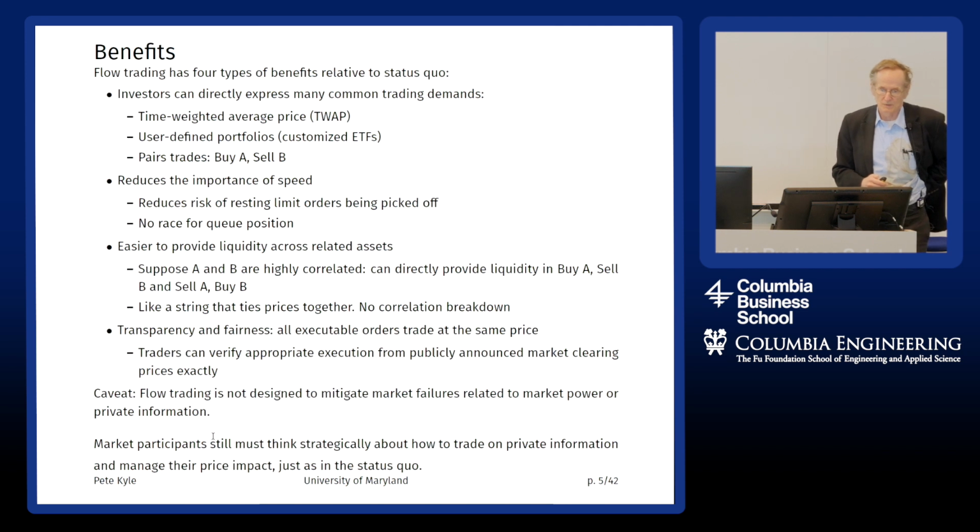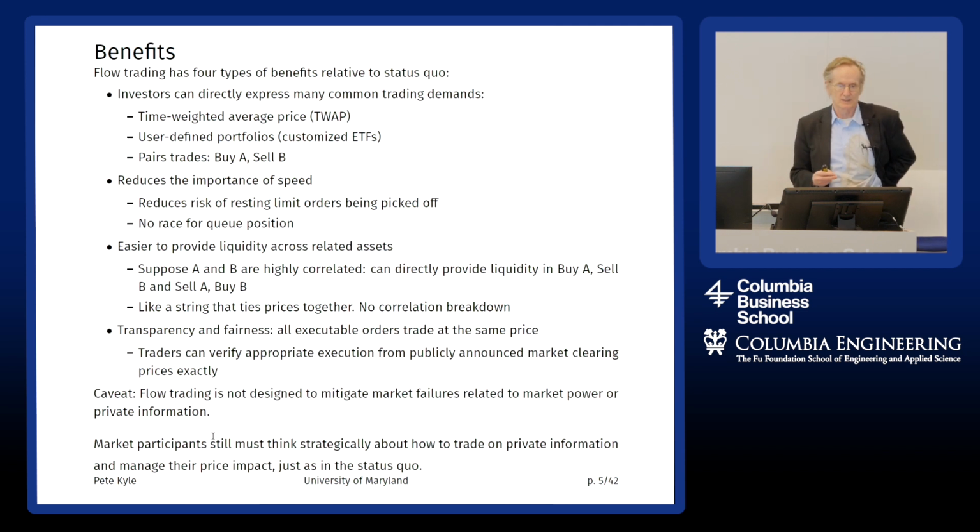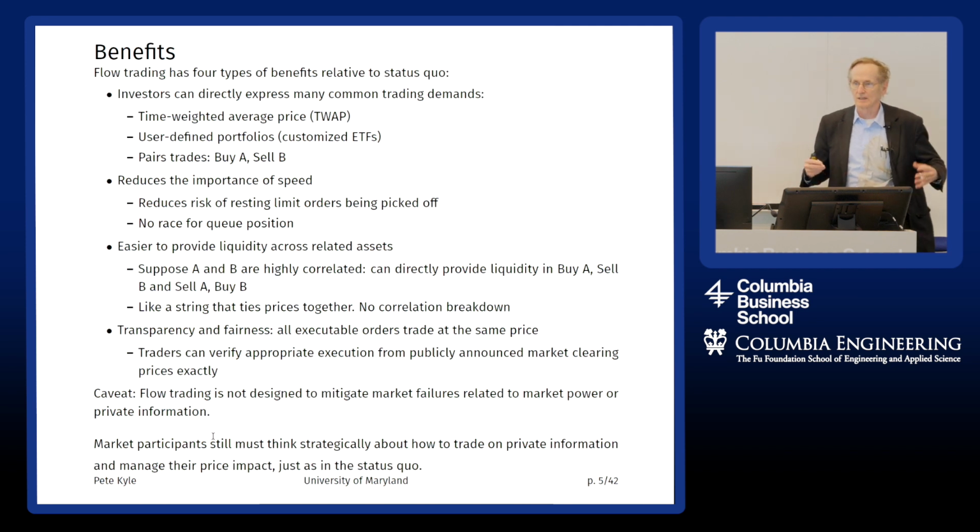Okay, so we've got a list of benefits here. Number 1, investors can directly express lots of different preferences. A lot of traders use VWAP, volume weighted average price. What this allows you to do is implement directly a close cousin, TWAP.